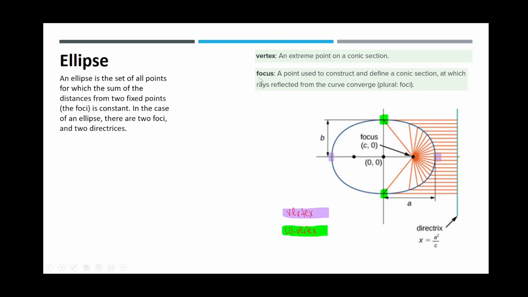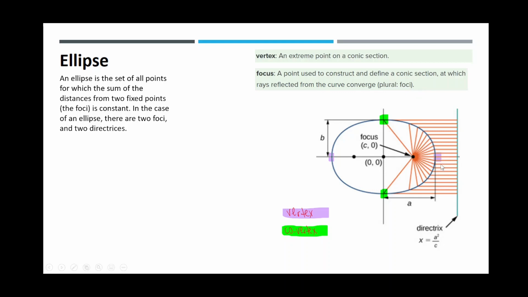Then there is the term focus. So a focus point is used to construct and define a conic section, at which rays reflected from the curve converge, and the plural of focus point is foci or foci. Both ways are okay to pronounce.